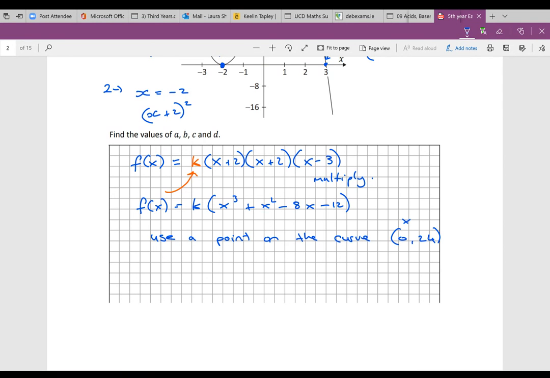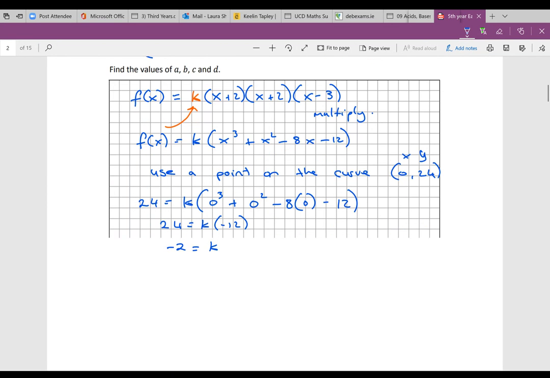So when x is 0, f(x) or y is 24. So 24 is equal to k times 0 cubed plus 0 squared minus 8 times 0 minus 12. So I have 24 is equal to k times minus 12, which means that k is equal to minus 2.